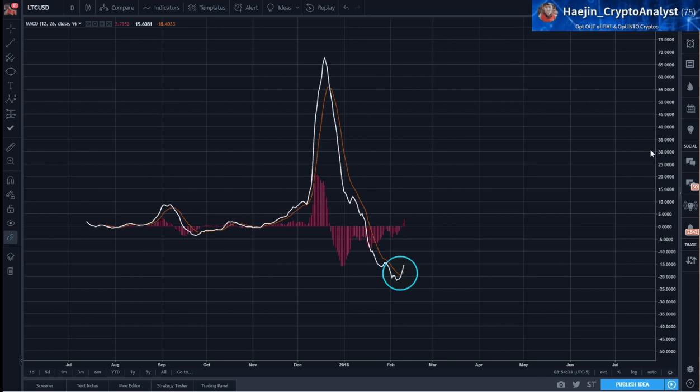And look here too, we've got the 9-day histogram popping out positive above the 0 line, and we've got the white 12-day indication also popping up above the 26-day red.